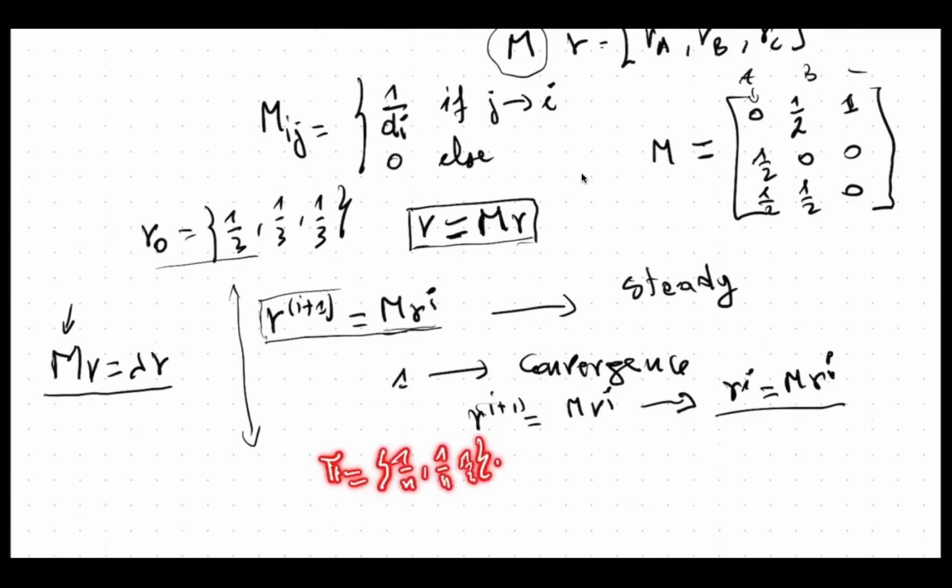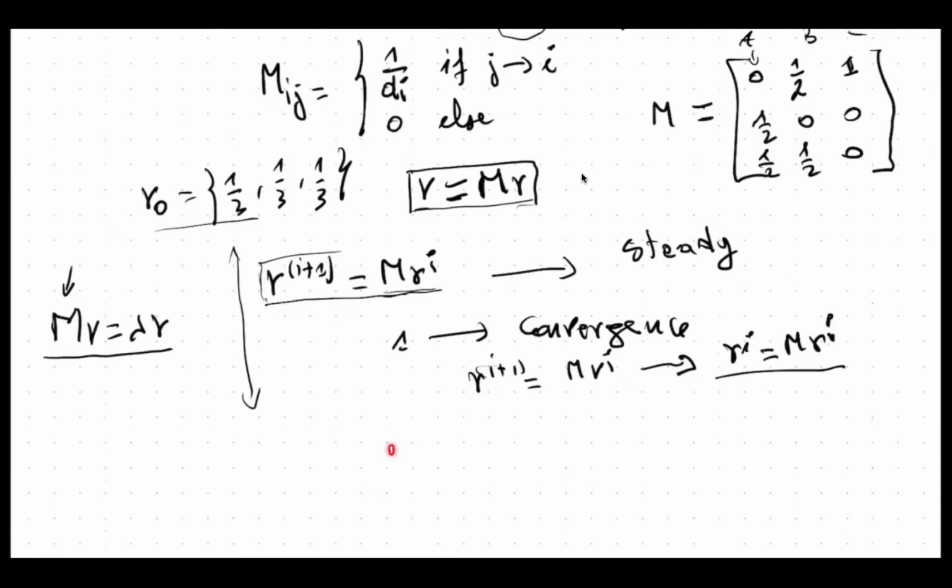And then you compute this value by multiplying the matrix that you have by the previous state. So you have the initial state, and you update the state by multiplying by the stochastic matrix. This is the probability of moving from one node to another node.